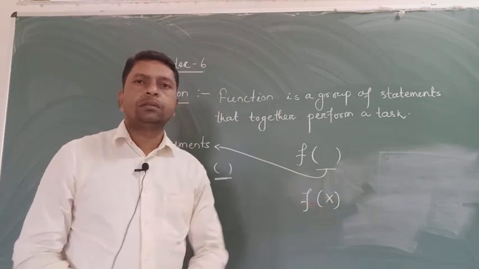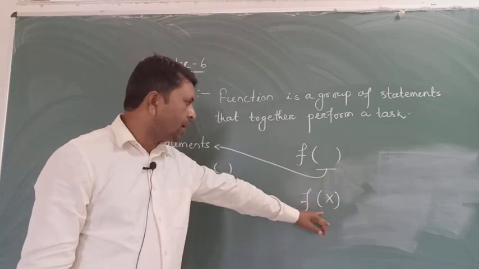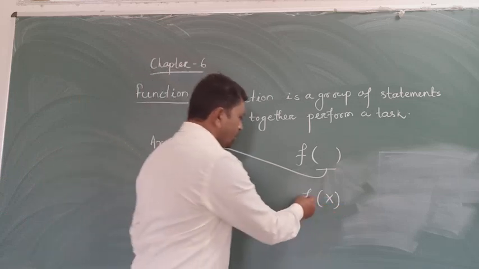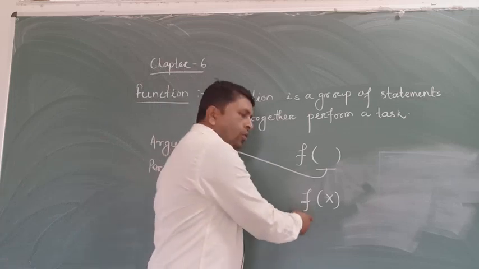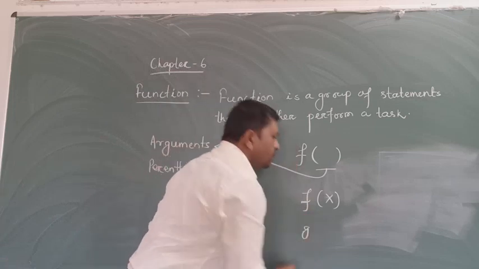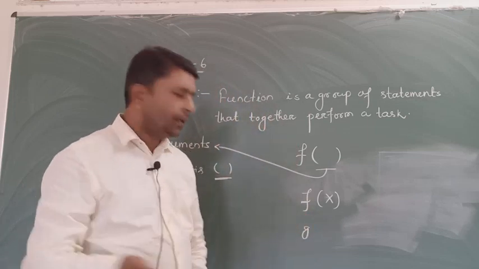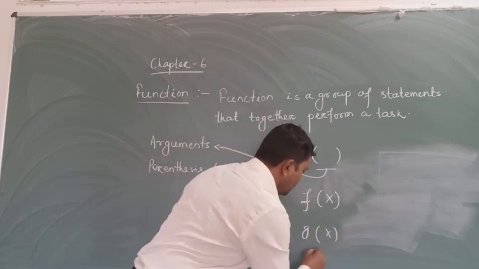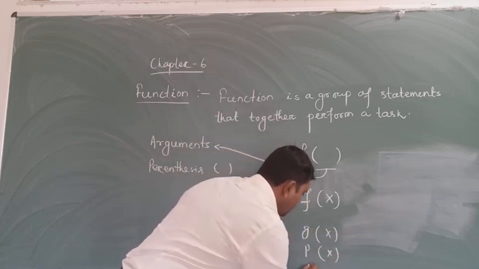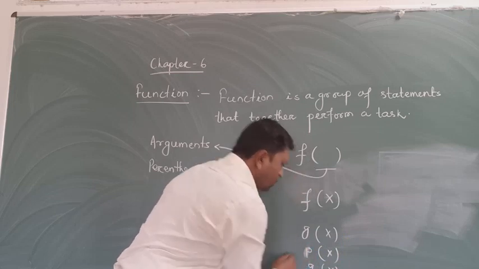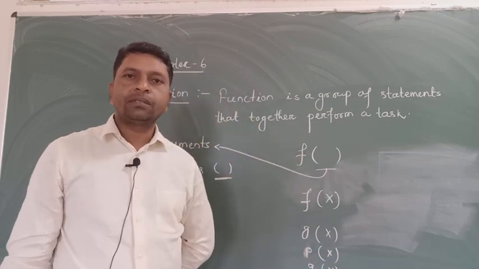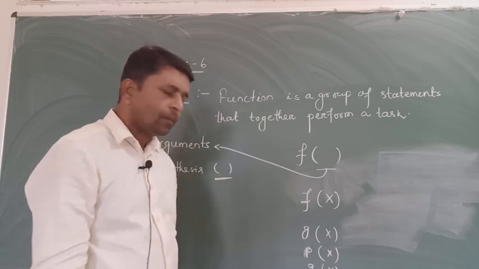This one is a function, and we can also denote a function with g or any alphabet, like p: g of x, p of x, q of x. All the alphabets we use are small letters.